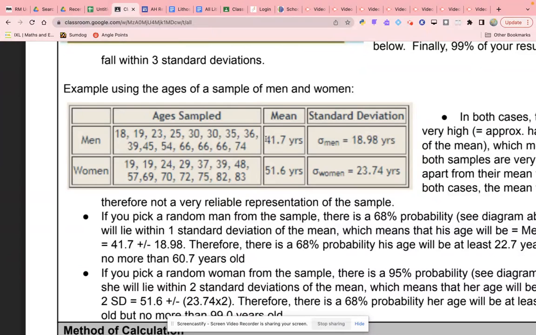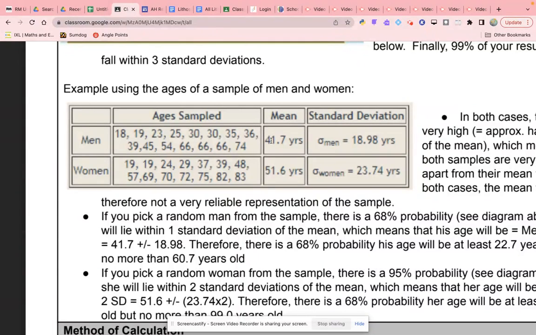Just to simplify that, if we round the average up to 42, so the average man we were interviewing was 42, and one standard deviation is 19, then if we take 19 away from 42, we get 23.